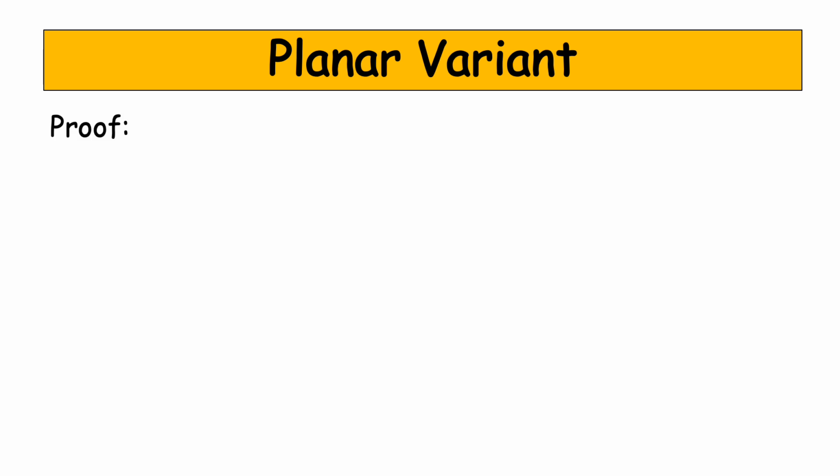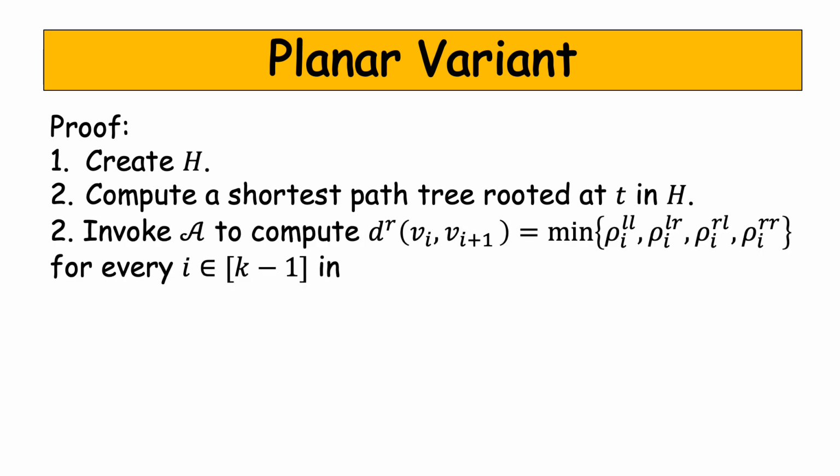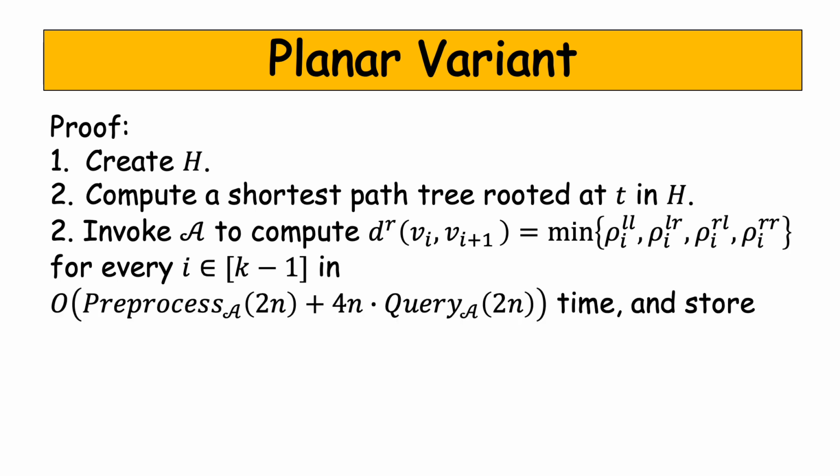First, we create the graph H in linear time. Then we compute the shortest path tree rooted at T in the graph H in linear time. And finally, for every edge VI plus 1, we compute the right-hand side by 4 queries. So basically, we have 1 pre-process plus 4 n queries.